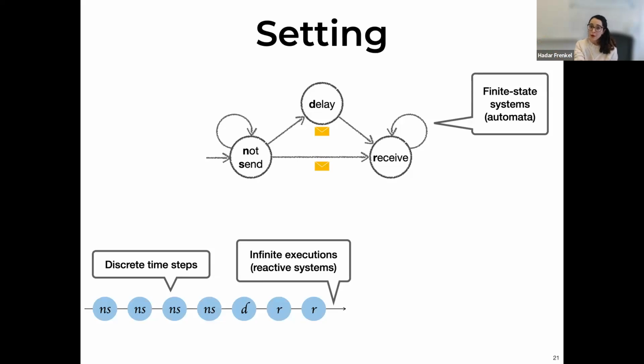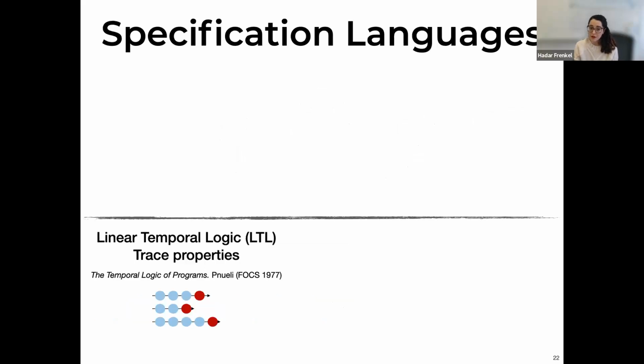And to specify properties over such systems and executions, the most prominent logic suggested by Amir Pnueli in 1977 is LTL, linear temporal logic, that allows us to express temporal properties over infinite executions.